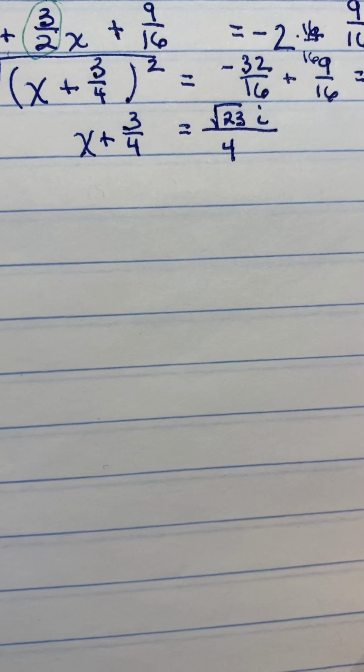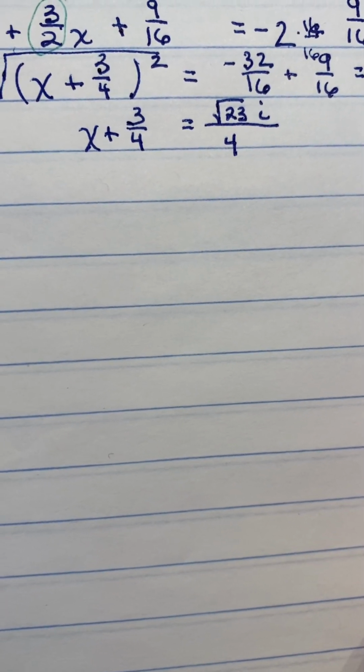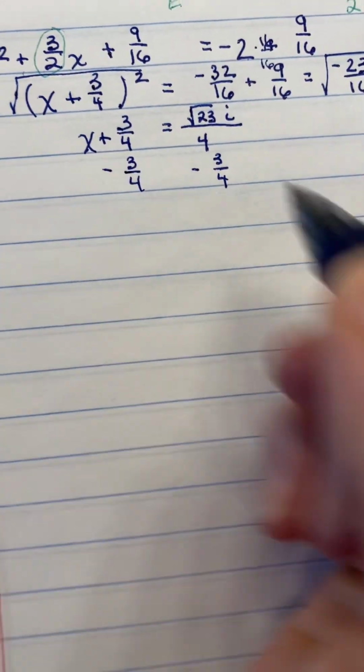We're trying to solve for x. Can you guess the next step? Subtract 3/4, subtract 3/4. Luckily we have the common denominator. So we would have x is equal to, oops, I just remembered, I forgot one key piece.